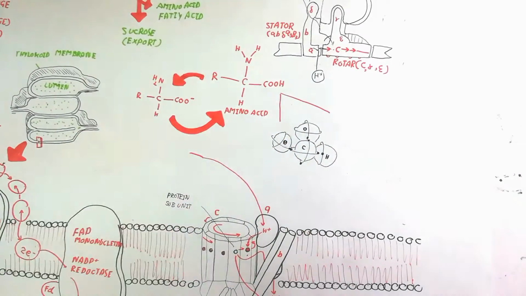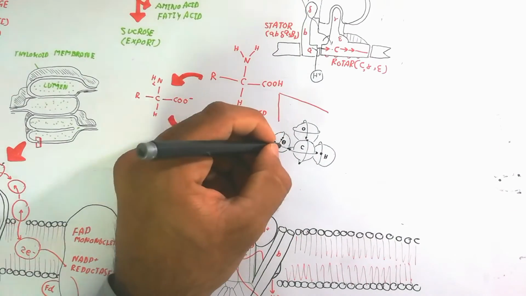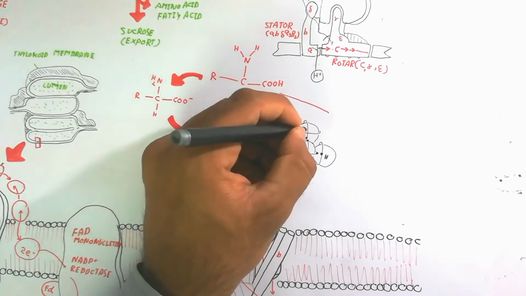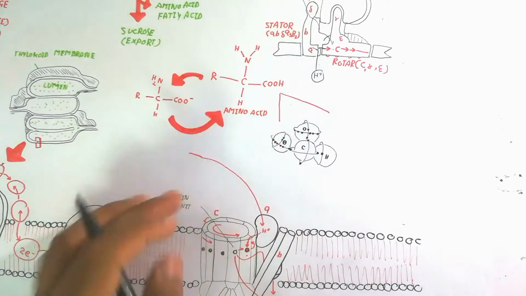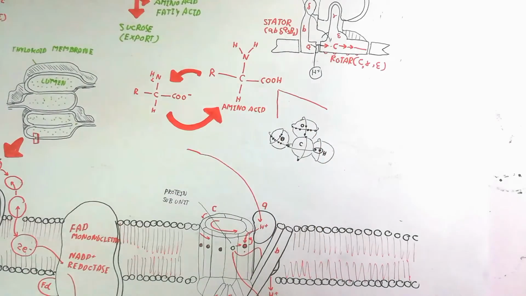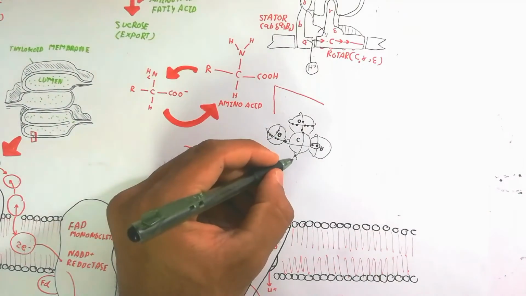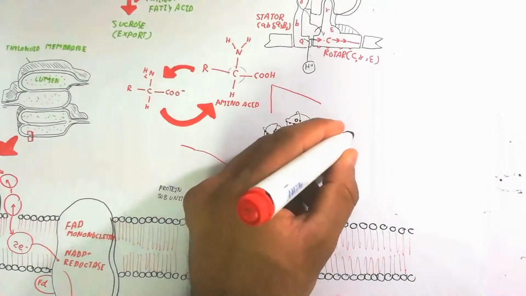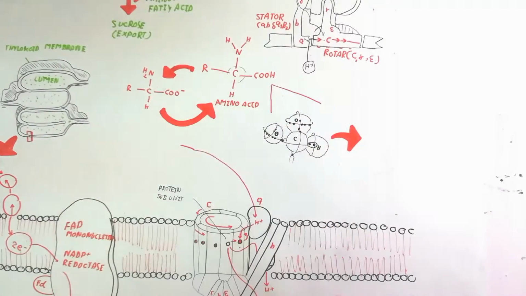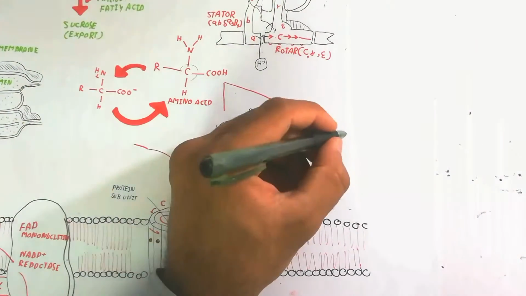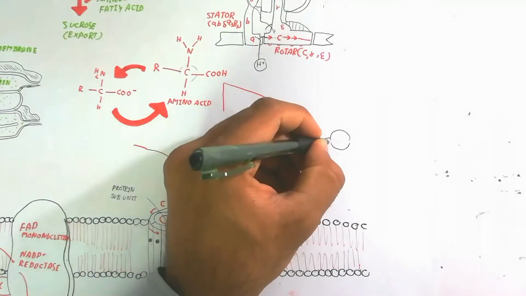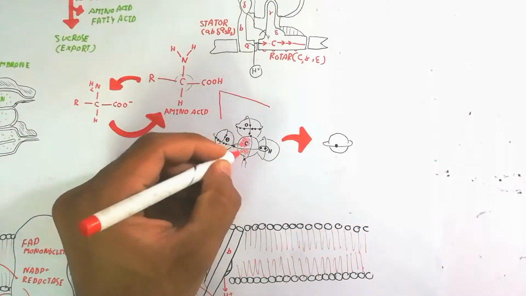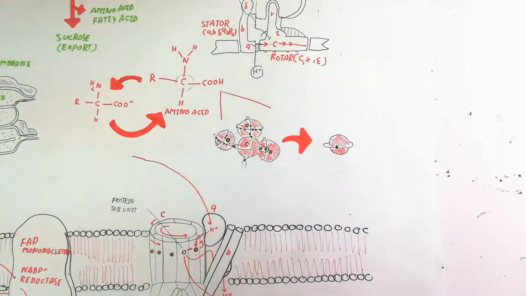So it means a covalent bond is present here, and the proton, meaning hydrogen in the form of proton, is released into the stroma, and then again will be added from the lumen side.